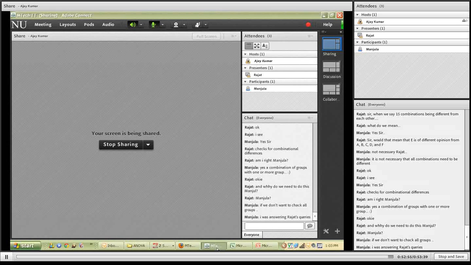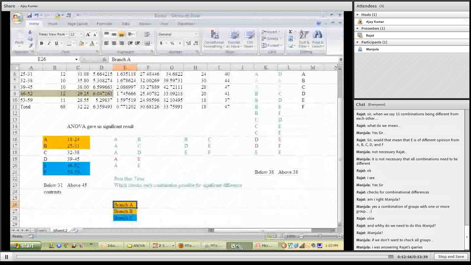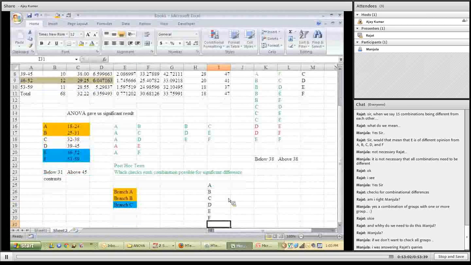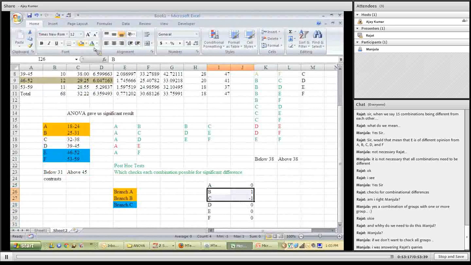So if this was A, B, C, D, E and F, and I only want to compare B and C, I will give 0, 1, -1 and 0, 0, 0, right? So this contrast will only compare B and C, and it will eliminate the other groups from our analysis. So this is how we can do it. Does that make sense?